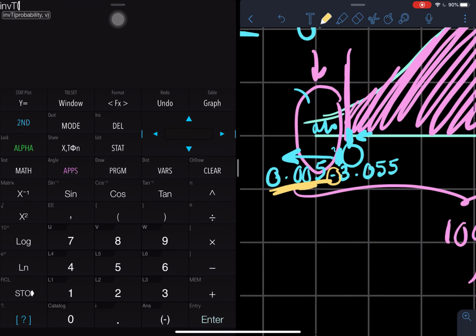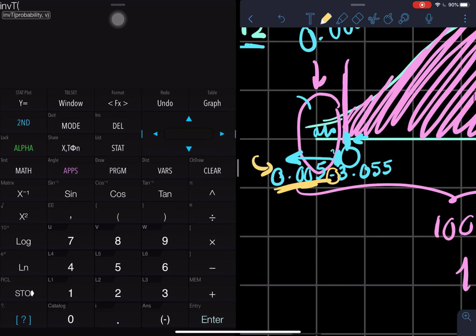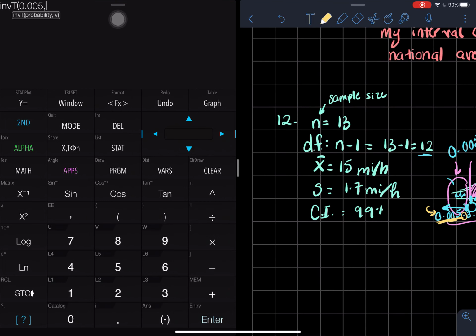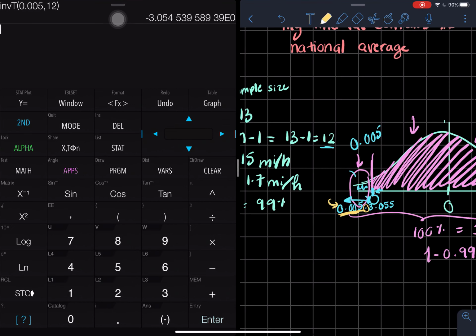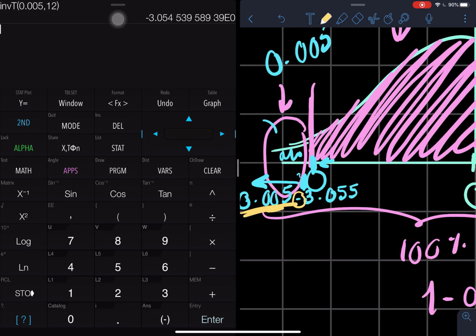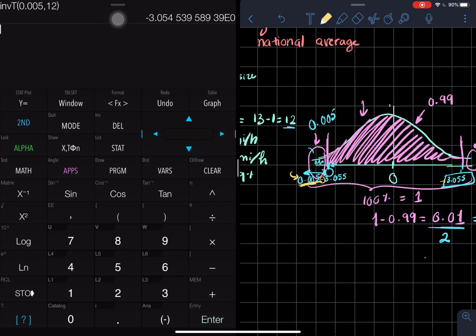My probability is only the area under the curve, so it's going to be 0.005, comma, and then my v is my degrees of freedom, which is 12. So let's enter it. Look at that. It's negative 3.0545, which rounds to negative 3.055. So perfect, I know I did this right.